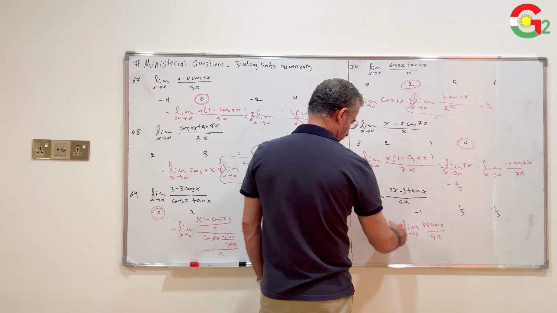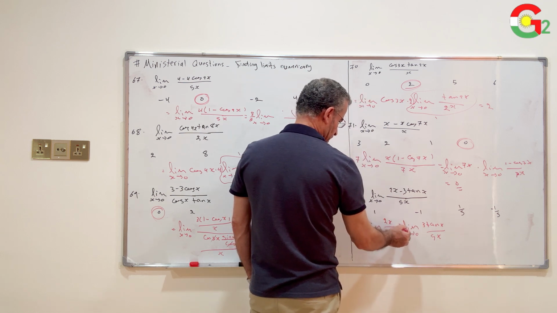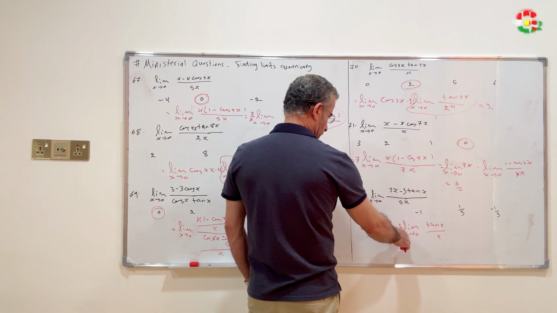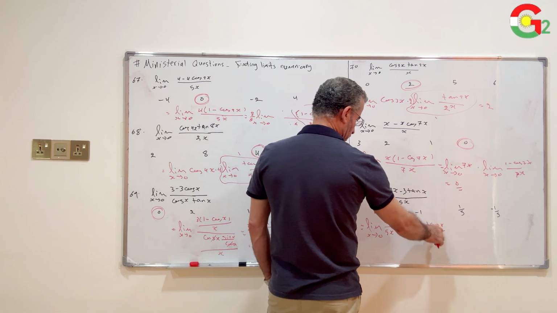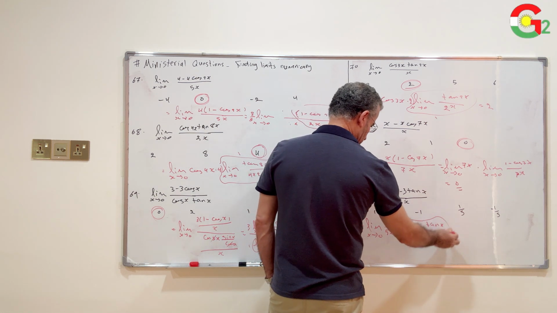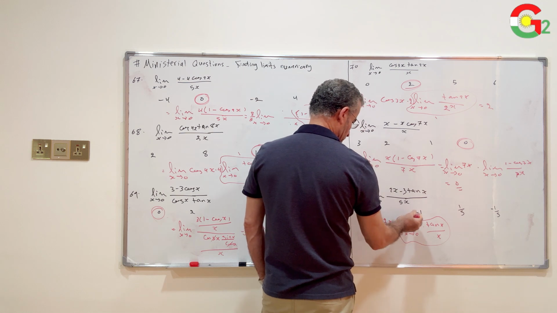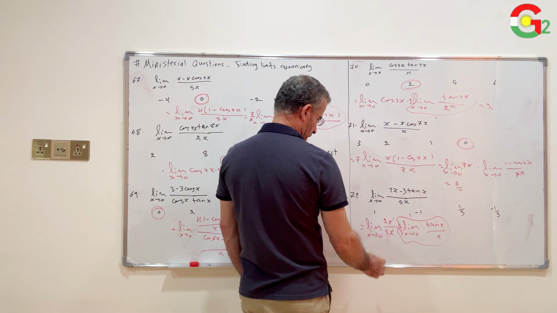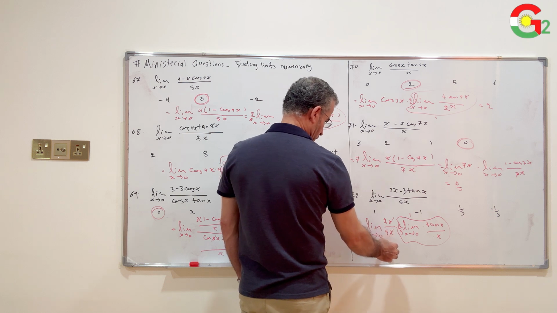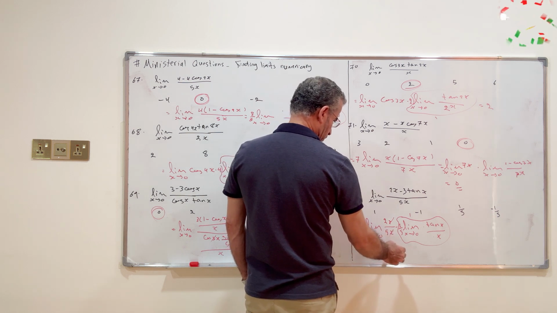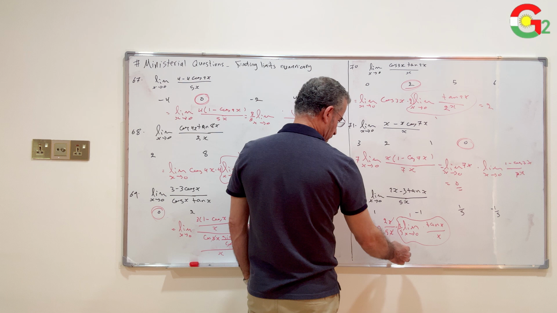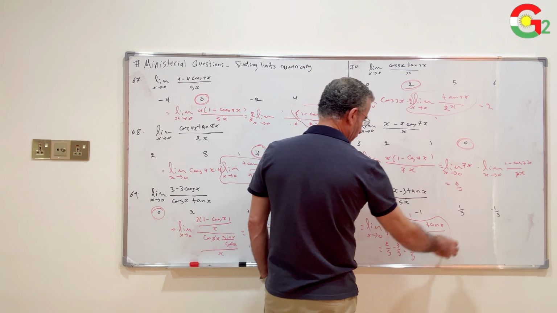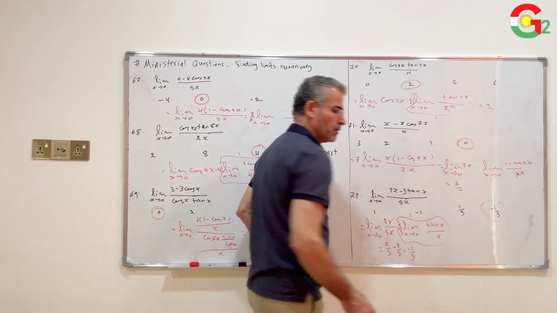Take 3 over 5 outside the limit since it is constant. The limit as x approaches 0 of tan x over x is 1. Reduce x with x, 2 over 5. The answer is 2 over 5 minus 3 over 5 equals negative 1 over 5. Choice D.